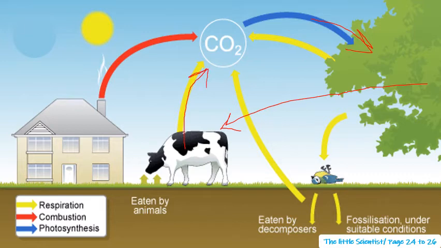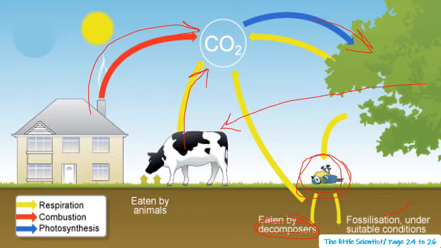Also, in houses, in factories, in cars, buses, different vehicles, fossil fuels are burned and carbon dioxide is released into the atmosphere. When living things die, decomposers decompose them and the carbon found in the soil is changed into fossil fuels in millions of years.